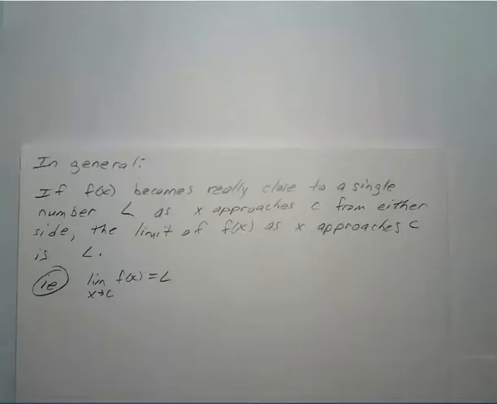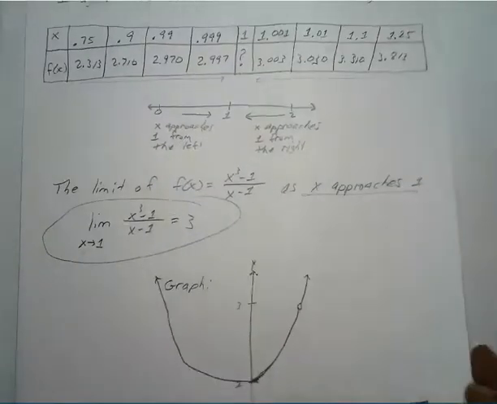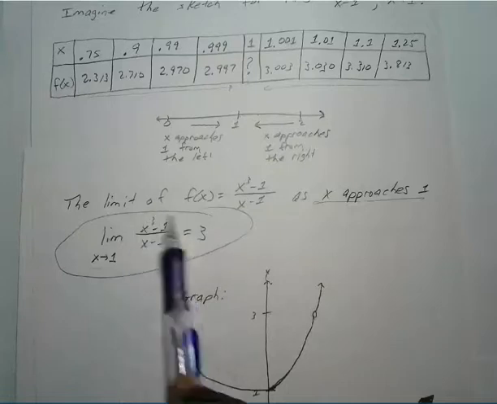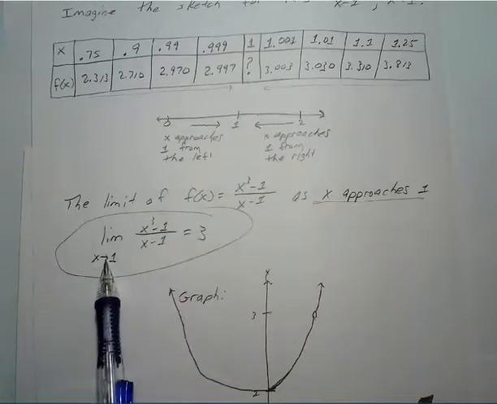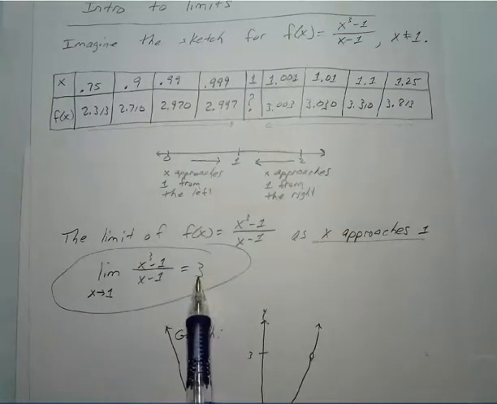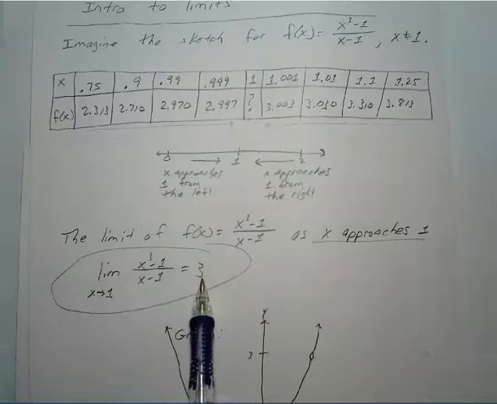All right, so I'm just going to go back to the previous example really quick just to show you how that applies. So you have the limit of f of x equals L as x approaches c. If you look at this one, you have the limit of your f of x as x approaches c equals L. In this case, your limit L is equal to 3.